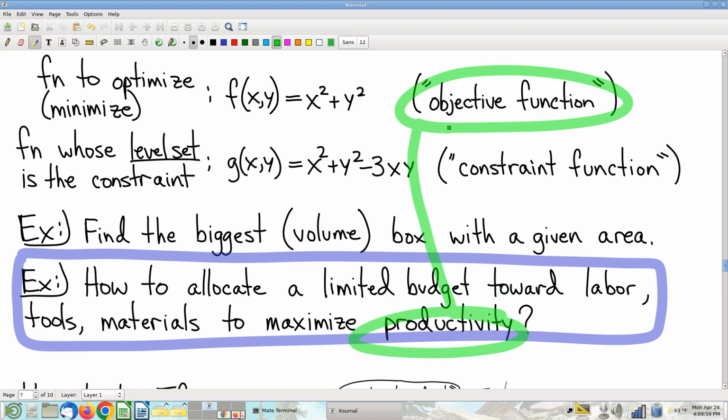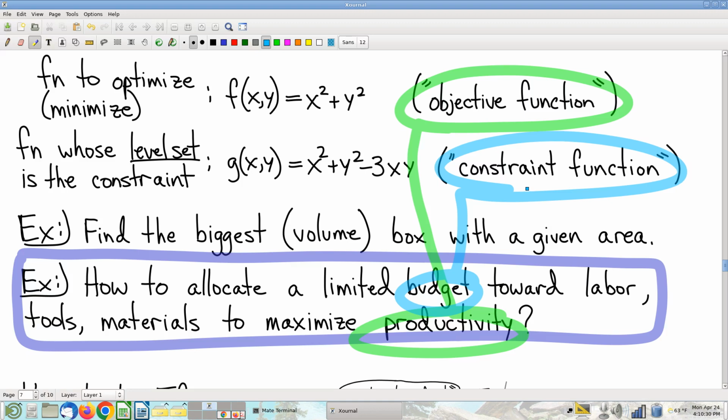I've got to buy all of my tools and machinery. I've got to buy the materials that will make up the widgets that I'm making, right? And the more labor I buy, the less I have left for materials, etc. Right? So my constraint is the budget. The budget is fixed. The budget is constant. So money spent on labor plus money spent on tools plus money spent on materials. That function must be constant.